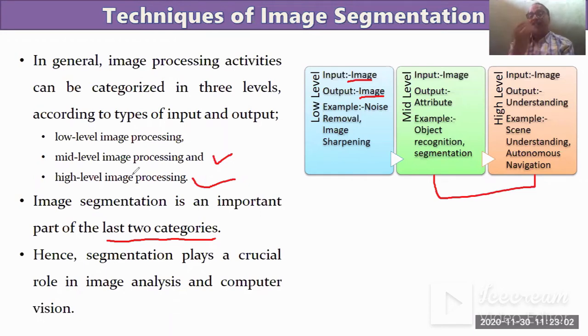So this is a basic step for image analysis. So that's why image segmentation plays a very important role in this, and it is useful for mid level and high level image analysis or image processing techniques.